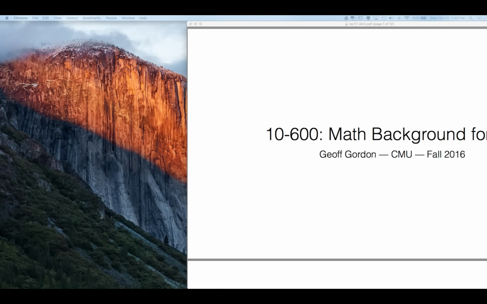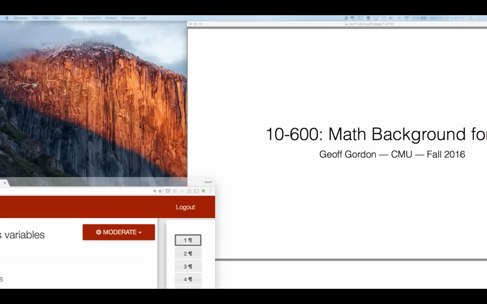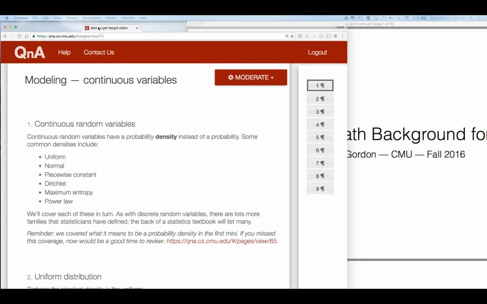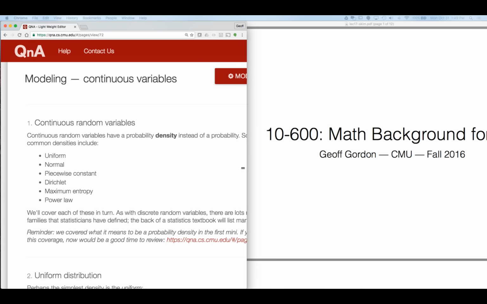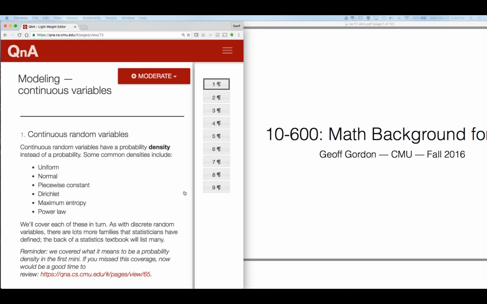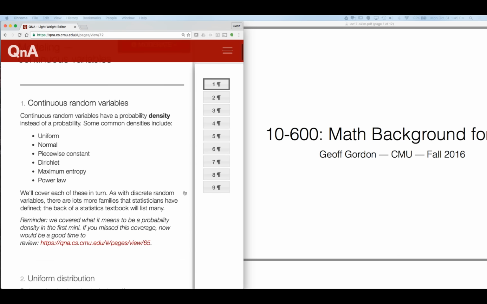And we will go instead to working with continuous variables. All right, so just like with discrete, there's a fair variety of standard families of densities for continuous random variables.